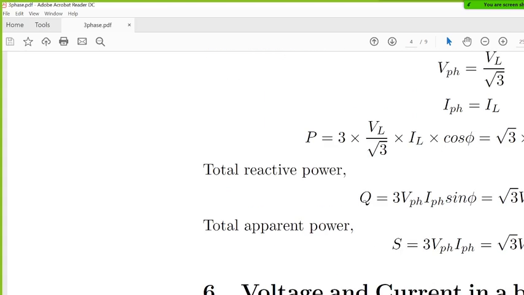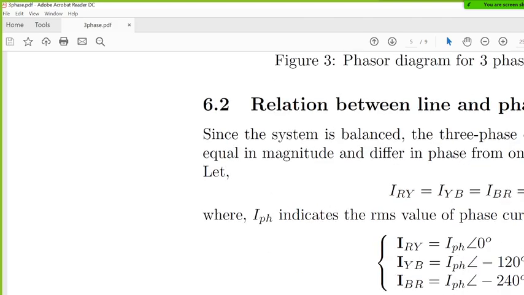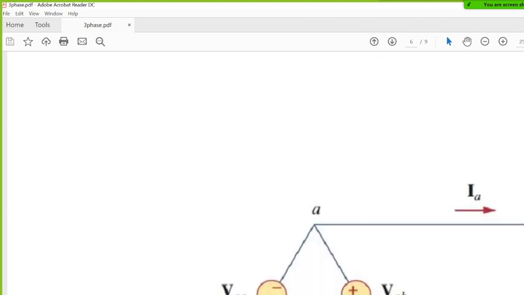Now we move on to an alternative connection. That is this one, delta connection. So see, this is the delta connected. Unfortunately, this is a picture I got on the internet. Here they have given A, B, C. So you can visualize them as R, Y, and B. Right? Now see clearly that from this connection, the voltage across the loads is the same as the voltage.